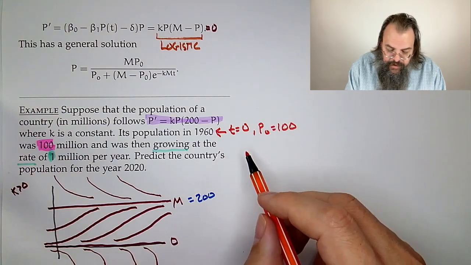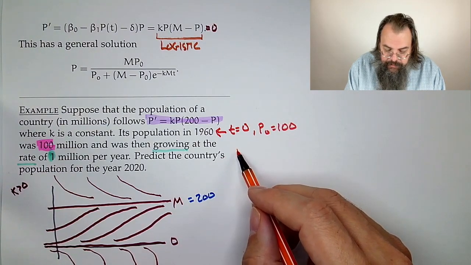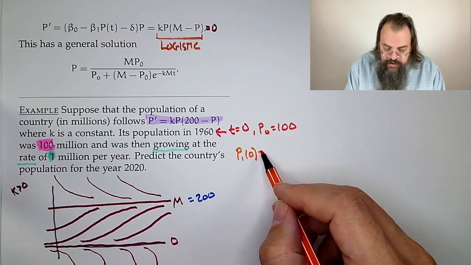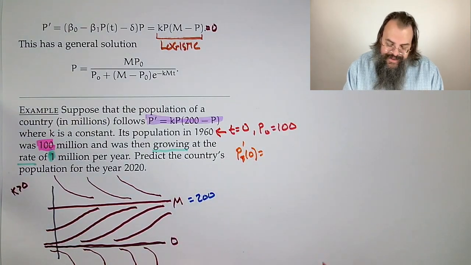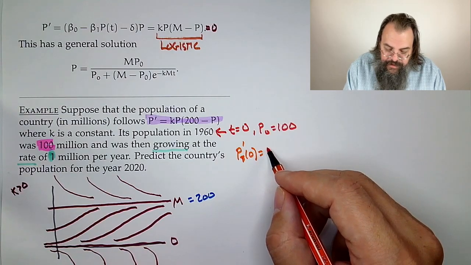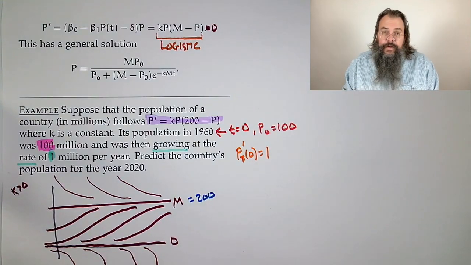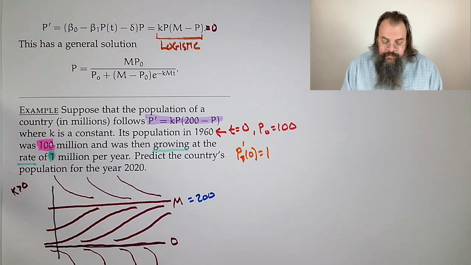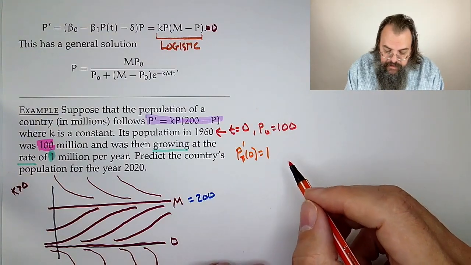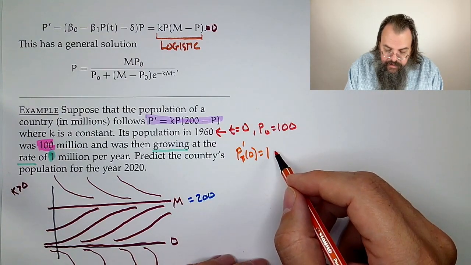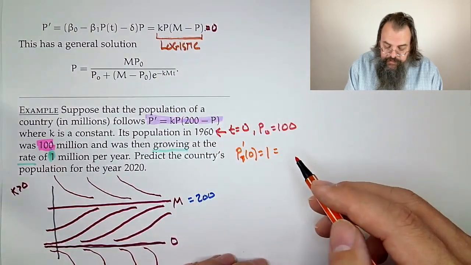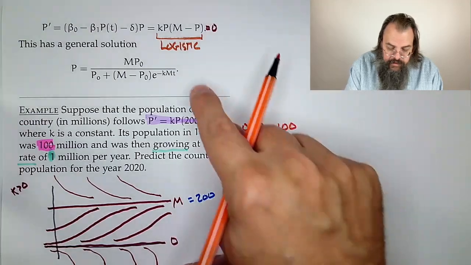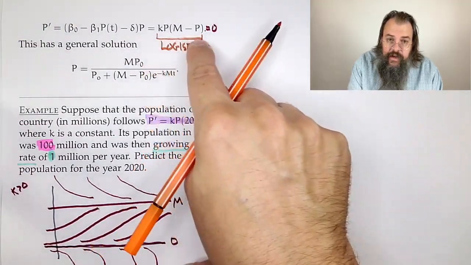Okay, so translation, we have that P prime of 0 equals, whoops, why do I put prime? Prime goes upstairs. P prime of 0 equals 1. This is where I'm measuring things in terms of millions. Now, what is P prime of 0? Well, what's our population at time 0, right? It's 100. So we're plugging 0 into this side.